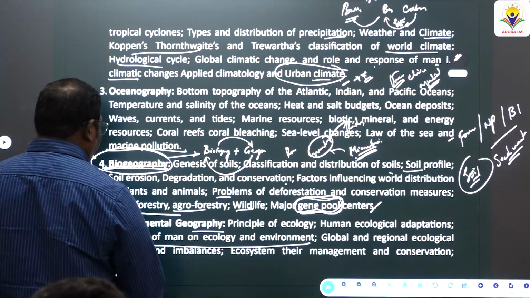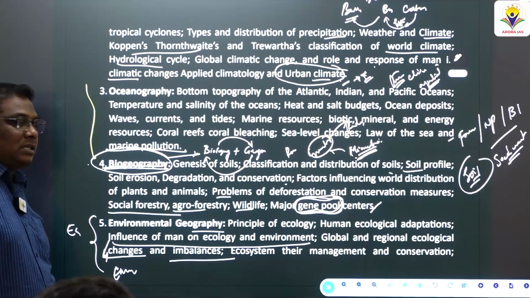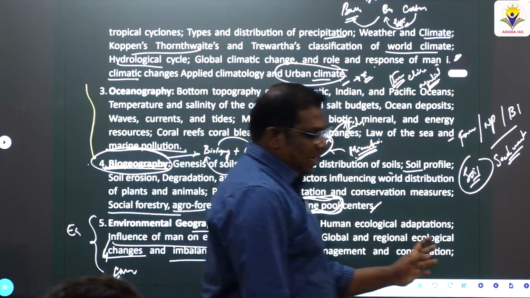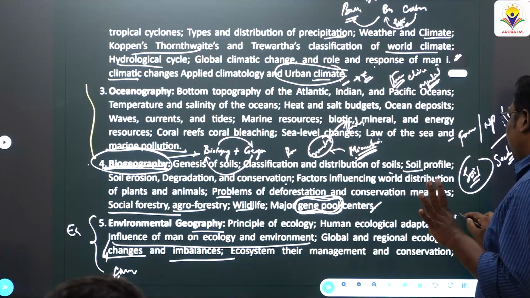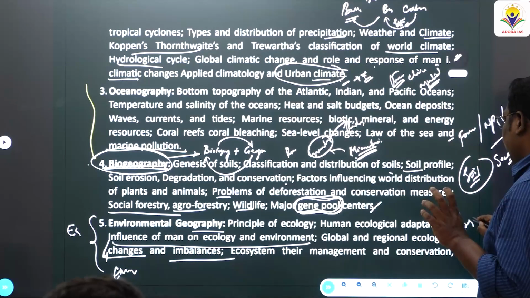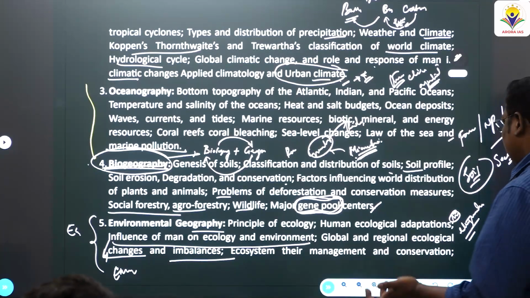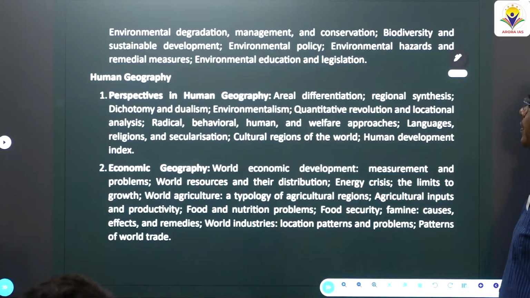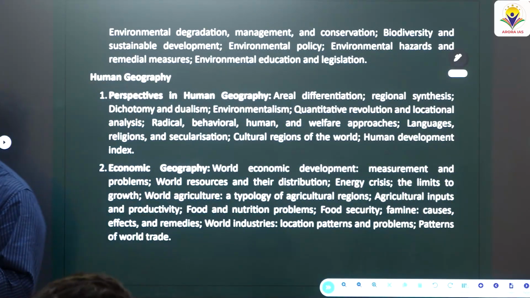Global and regional economic changes and imbalances, ecosystem, their management and conservation. We'll see not just the meaning of the terms, we'll see the etymological discussion also, so that you will have a complete idea, because the optional is very important in the entire UPSC examination.